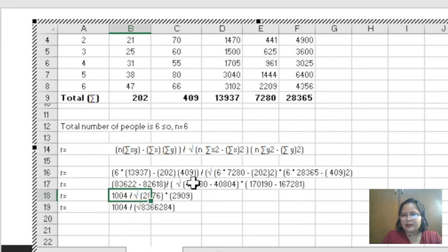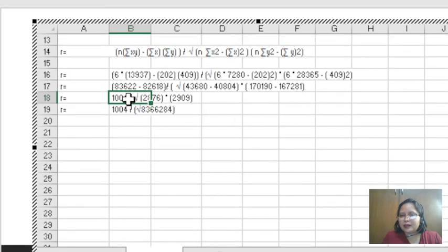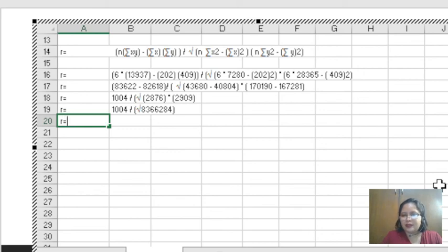So r is equal to 1,004 divided by 2,892.452938.